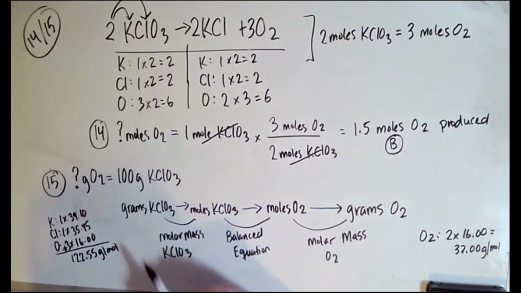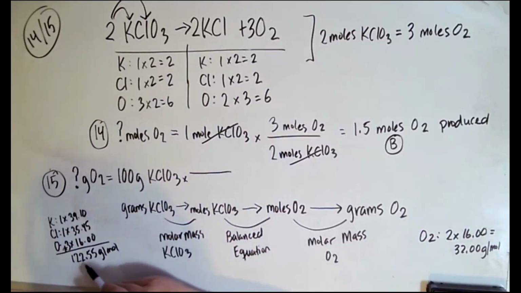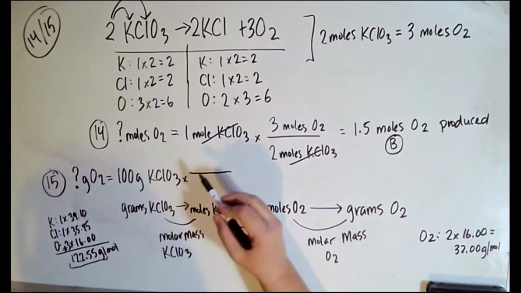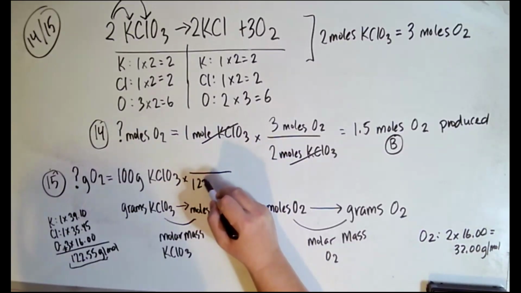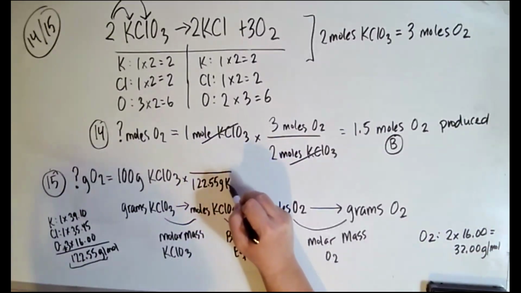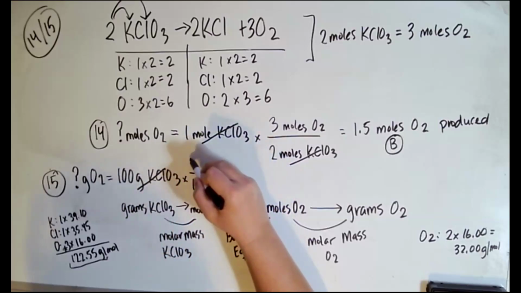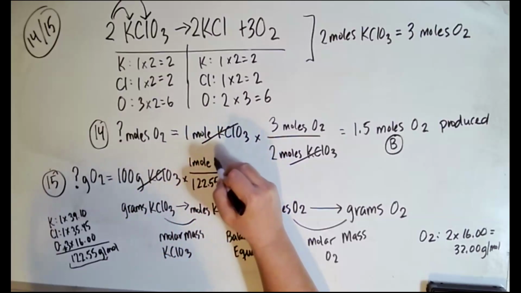So if we have 100 grams of KClO3, our first step is going to be to turn it into moles using our molar mass. So we're going to put our 122.5 grams on the bottom so that our gram numbers cancel out, and our 1 mole of KClO3 up top.